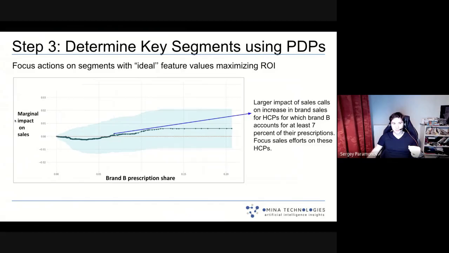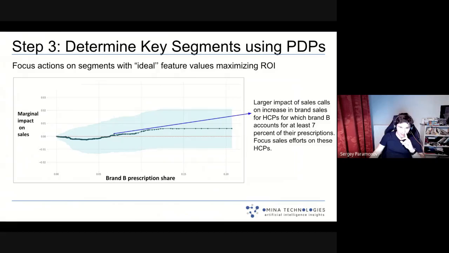For example, right here we see the impact on the sales of the share of a product, of a drug that's been sold by this company, in a certain administrative unit where it's been prescribed. And there is already a very interesting insight that can be extracted from this plot.